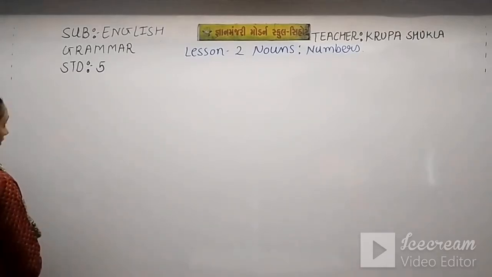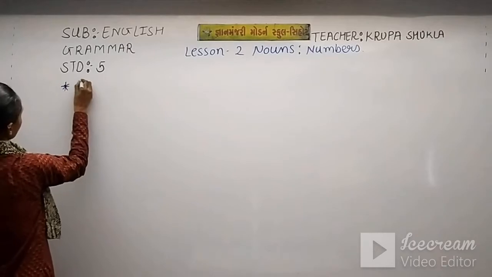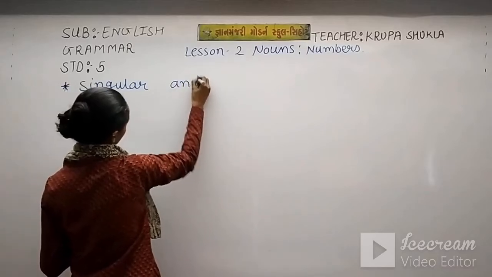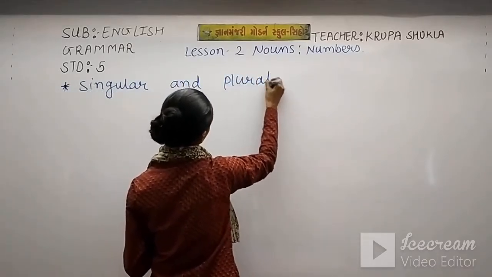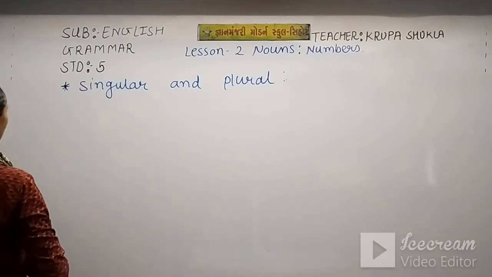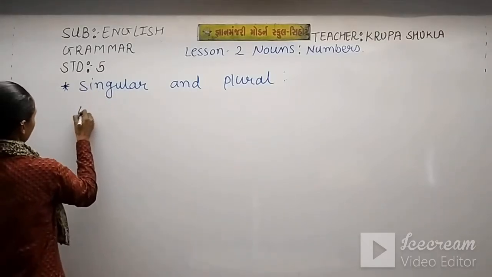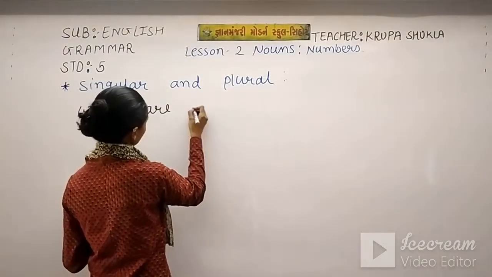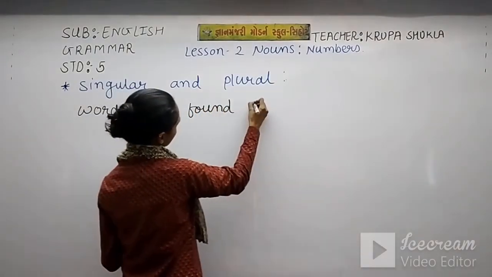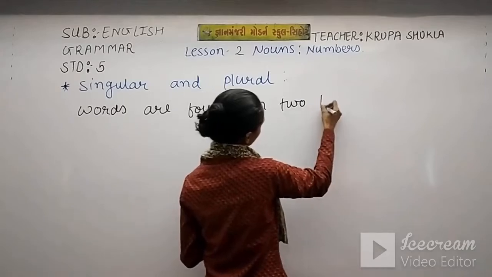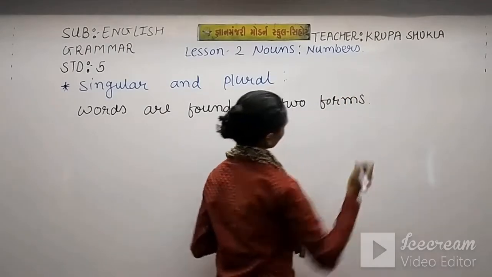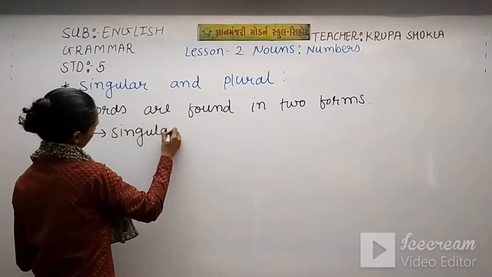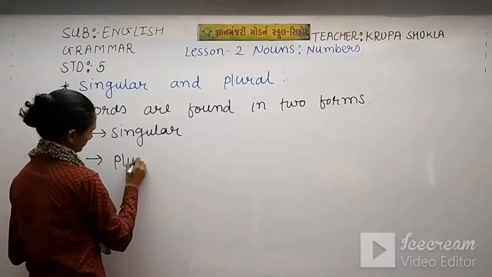So how to use? So first what will we see in this unit? So it is about singular and plural, means words are found in two forms, that is singular and plural.